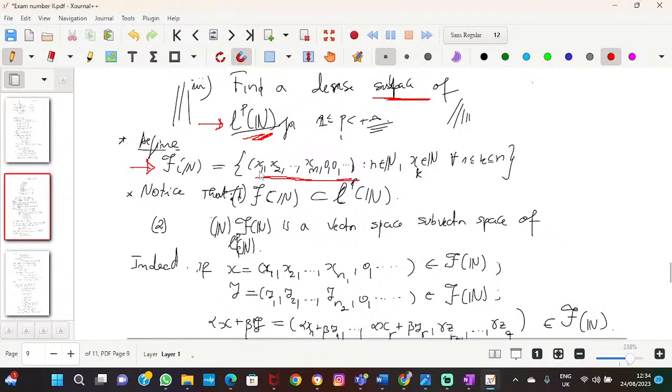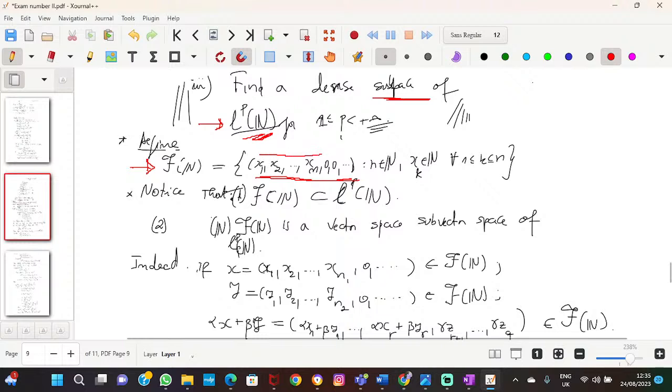the set of this kind of particular sequences like x1, x2 up to xn that are eventually non-zero, and after xn you have zero everywhere. So you have a sequence like this. It's a finite sequence, a sequence with only finitely many non-zero terms, taken in this order.